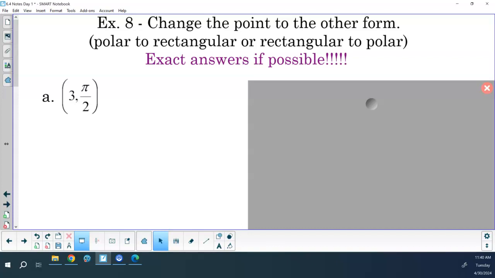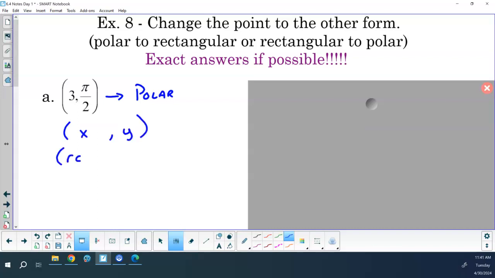Okay? So is this point right here rectangular or polar? That's polar because we see pi. So we need it to go into rectangular. So my form is x comma y equals r cosine of theta, r sine of theta.